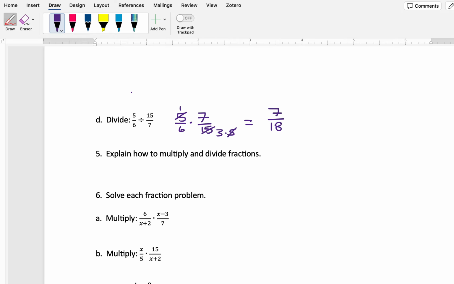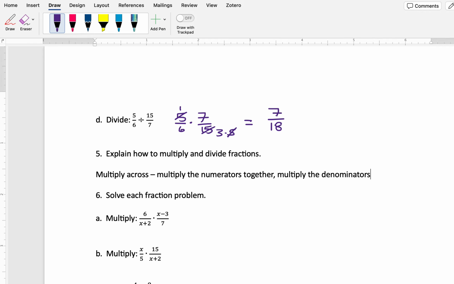So explaining how to multiply and divide fractions here, I'm going to say that you multiply across, multiply the numerators together, multiply the denominators together.